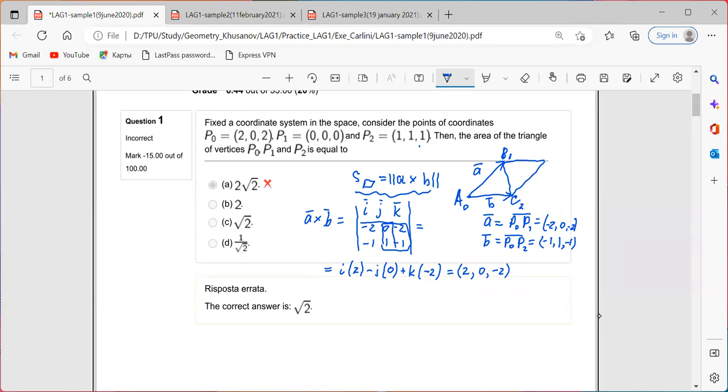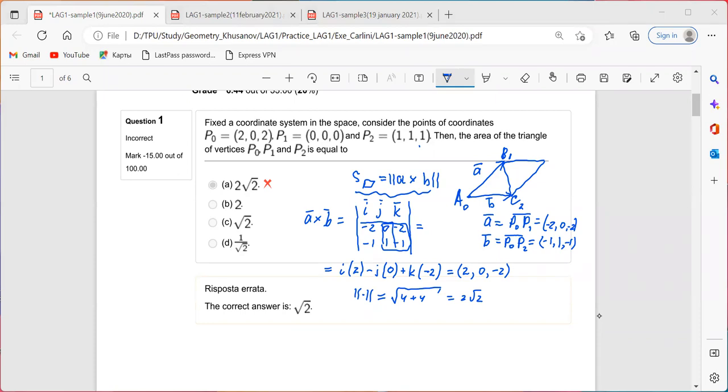The norm will be the square root of 2 square plus 2 square. It will be 4 plus 4, so it will be 2 square root of 2. Okay, so this is the area of the parallelogram, and the area of the triangle will be half. So the answer is just square root of 2.